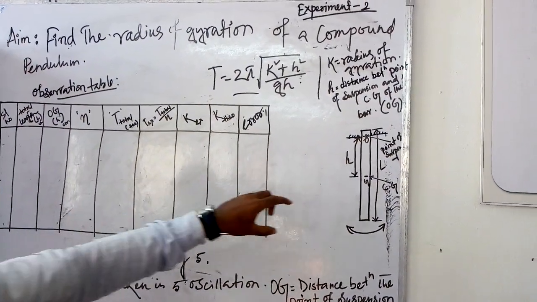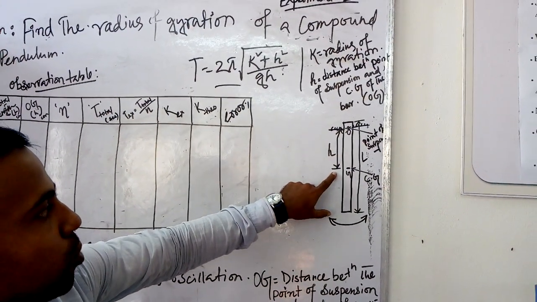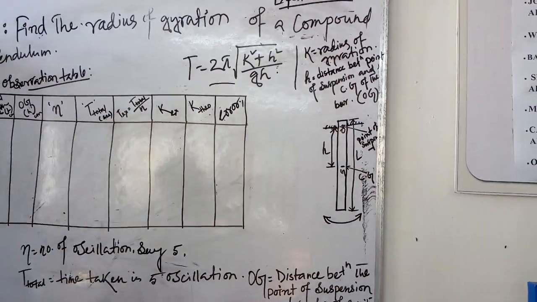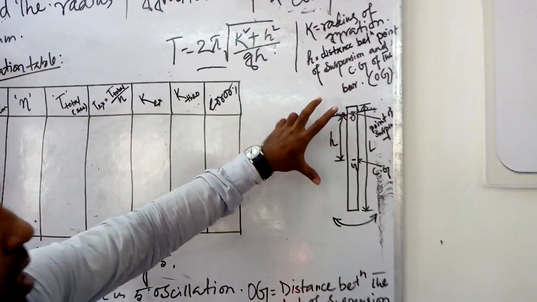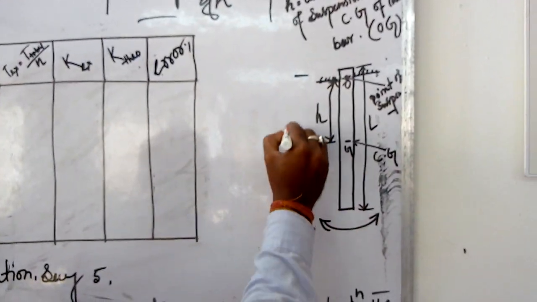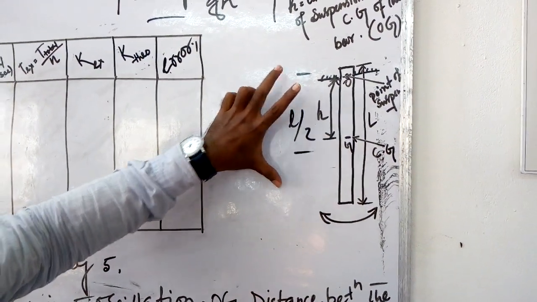Because first of all we need to find the center of gravity point. As we have taken a symmetric bar, the center of gravity will be L by 2. So this portion will be your L by 2. That is why first of all we have to measure the whole length.